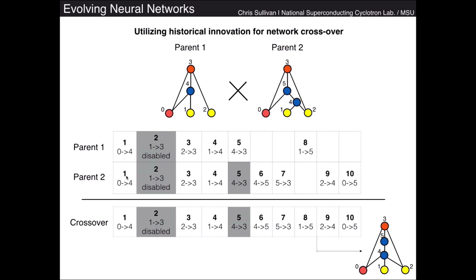Therefore, if a connection is identical between two networks, and if it came about in the same generation, then it is historically the same. And if we find structures which are historically the same, they can all be brought over into the child network during crossover.